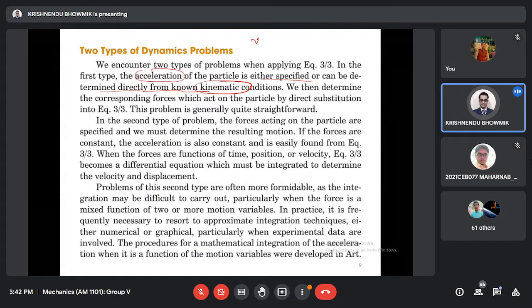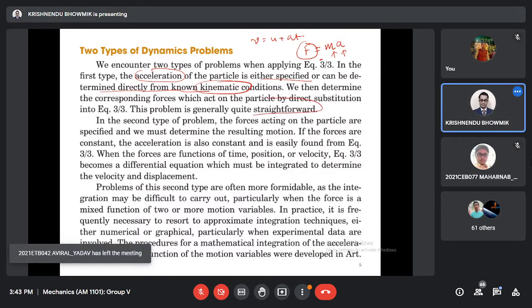So v equal to u plus at, or some relationship, we can directly use; either this acceleration is given or we can directly calculate it from this kinematic relationship. Once you know this acceleration, then you can calculate the unbalanced force equal to m multiplied by a. Mass you know, acceleration you know, and you can calculate the force. Okay, and this type of problem is very straightforward, very simple.